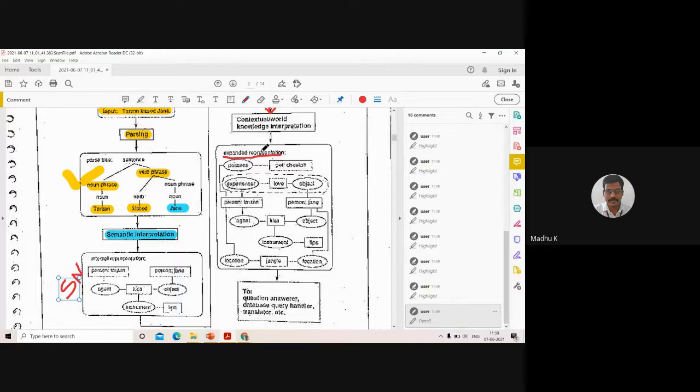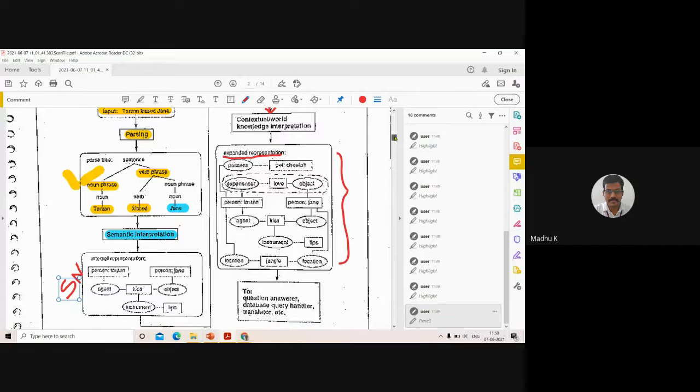Here is our local representation, and to that we will add external knowledge. Then this will be the expanded representation. So these are the three stages in the process.